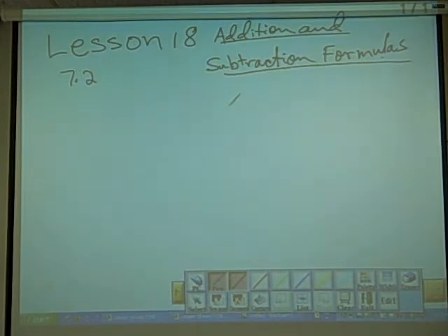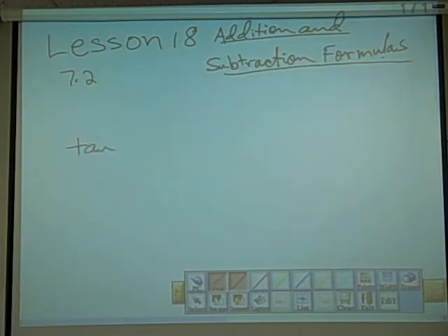We're going to start with, now let's say that we have tangent of 165 degrees, and we want to go ahead and find out what that value is in exact form.